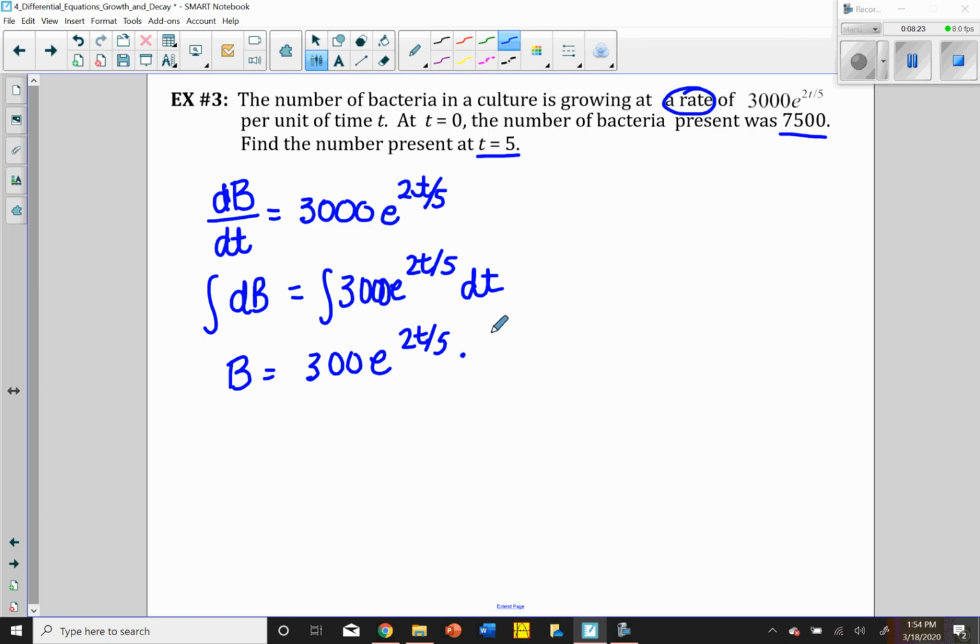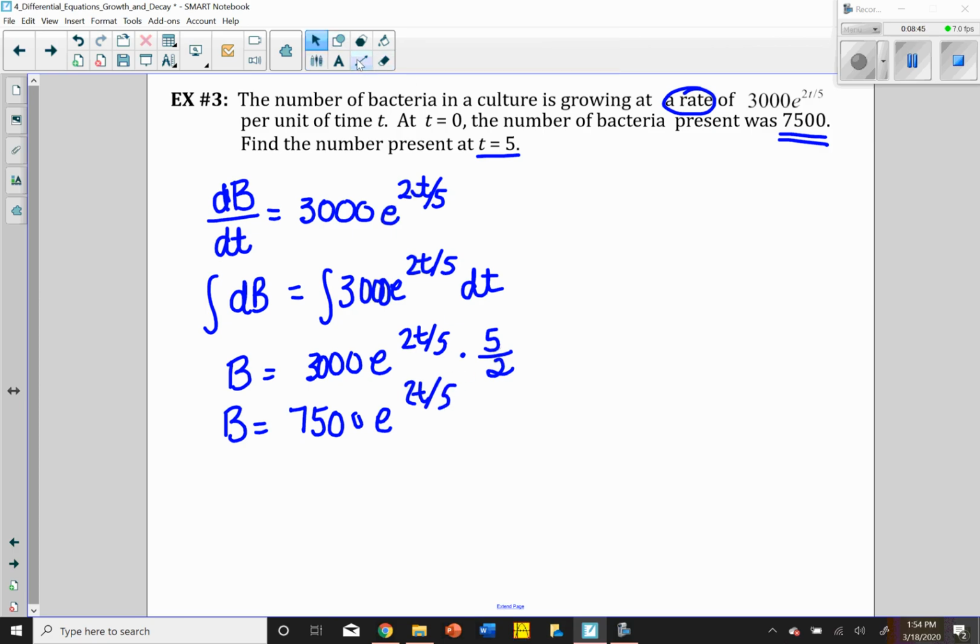So we want to balance that with a 5/2, which is where we get the bacteria. 3,000 times 5 divided by 2 is 7,500, and they told us that was the initial amount, 7,500, e to the 2t divided by 5. Need a little more room here.